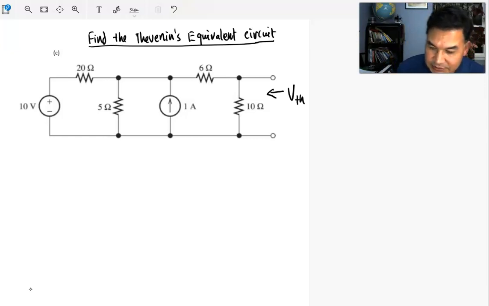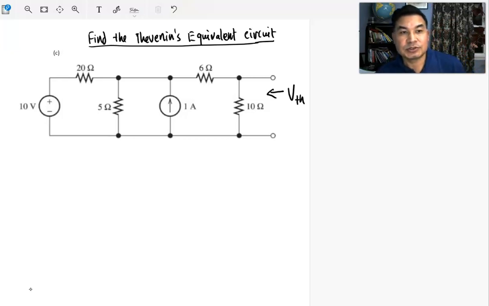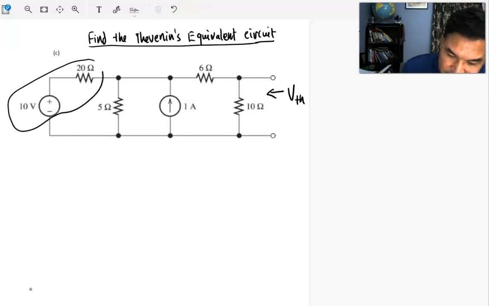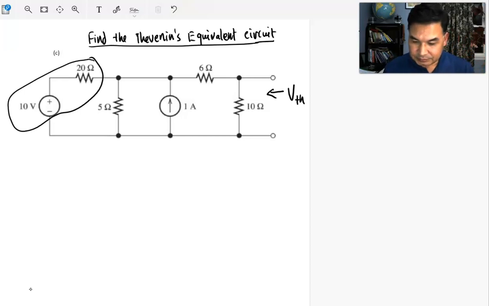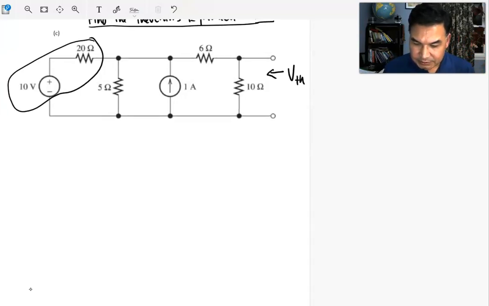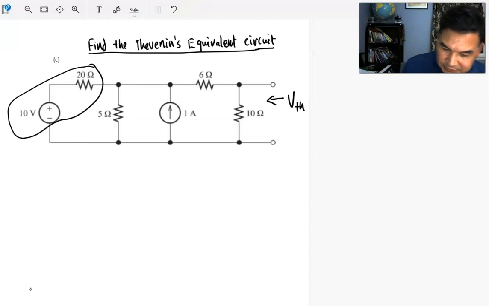So in source conversion, what does source conversion say? Source conversion says any voltage source with a series resistor is equivalent to a current source with the same resistor in parallel. So this can be written as a current source.